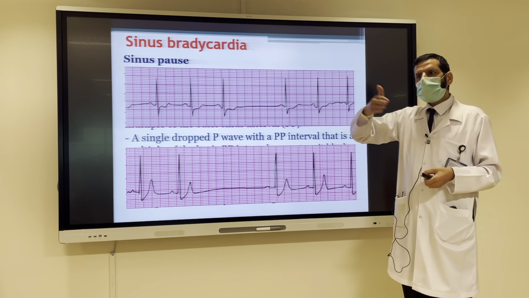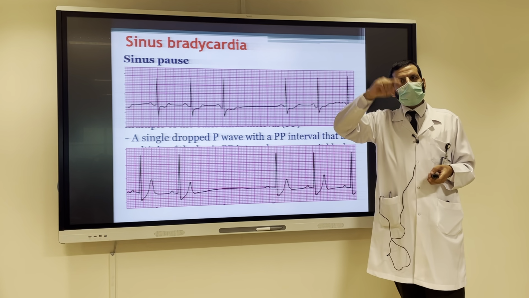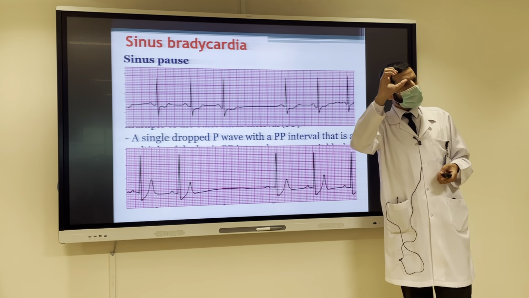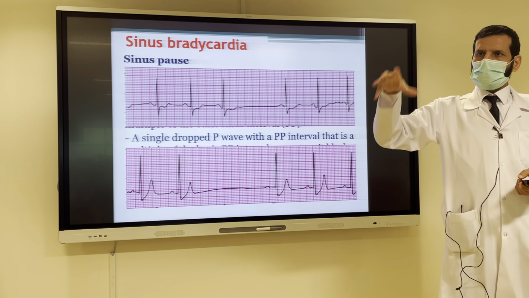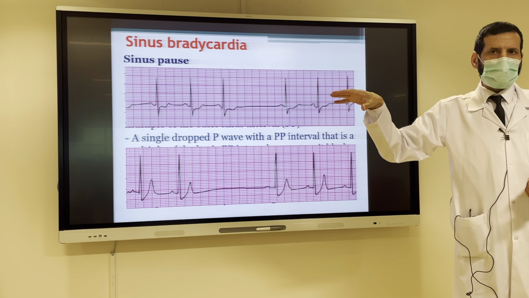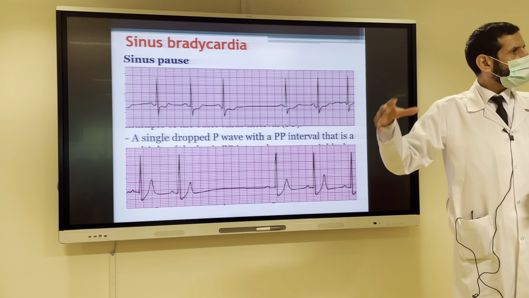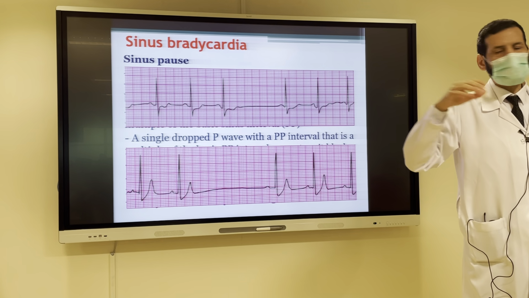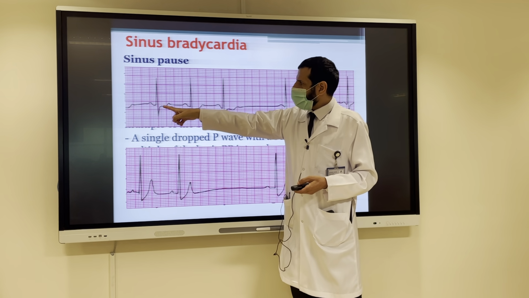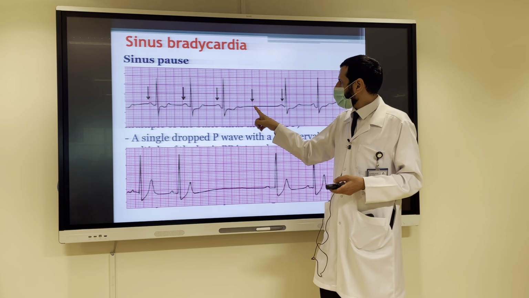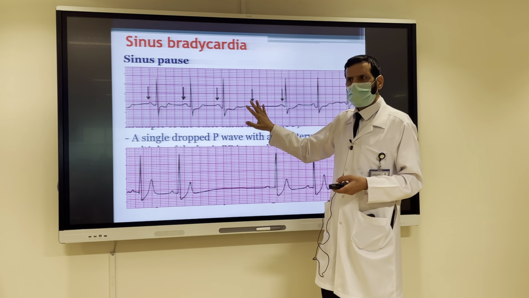Exit block means the sinus node is working fine, but not conducting the impulse to the atrium. So if the sinus node fires, there is activity in the sinus node, but it does not spread to the atrium, we will not see a P wave, because P wave is atrial depolarization, not sinus node depolarization. So how to know which is which? If I map P wave to P wave in this one, I expect a P wave to come here, but there is no activity.